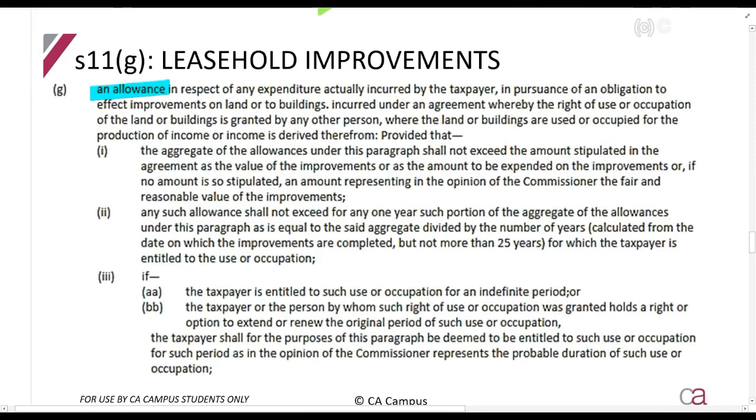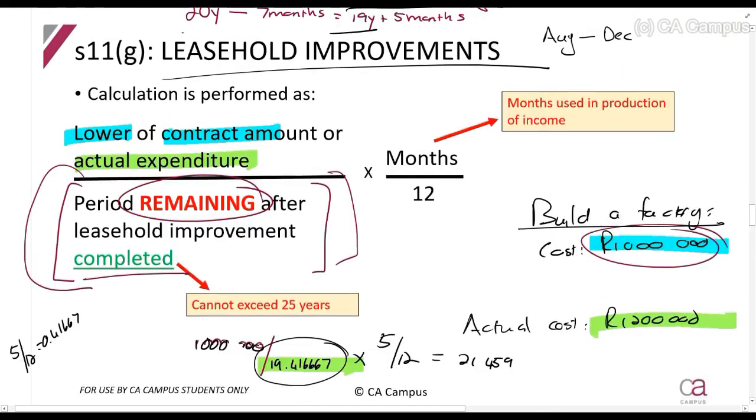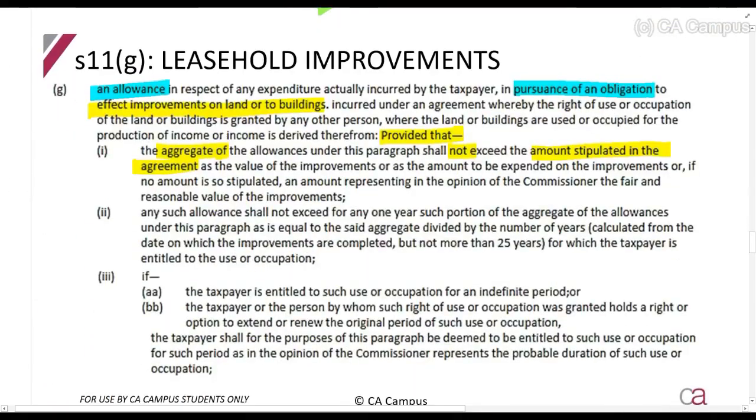actually incurred in pursuance of an obligation, so you must be obligated to do this to effect improvements on land and buildings, provided that the aggregate of the allowances shall not exceed the amount stipulated in the agreement. So that is where this rule comes from, this lower of contract or actual expenditure. Right?